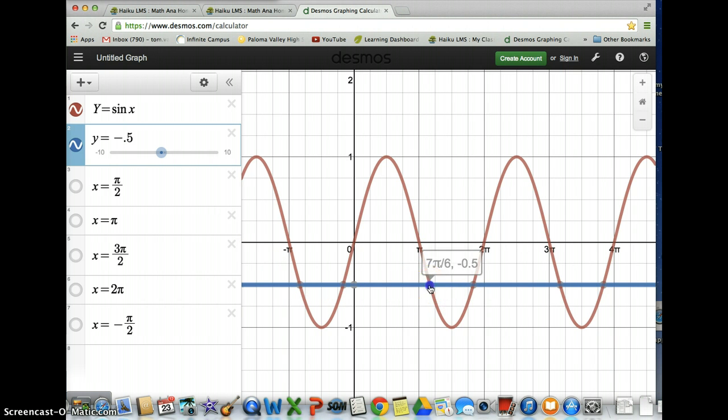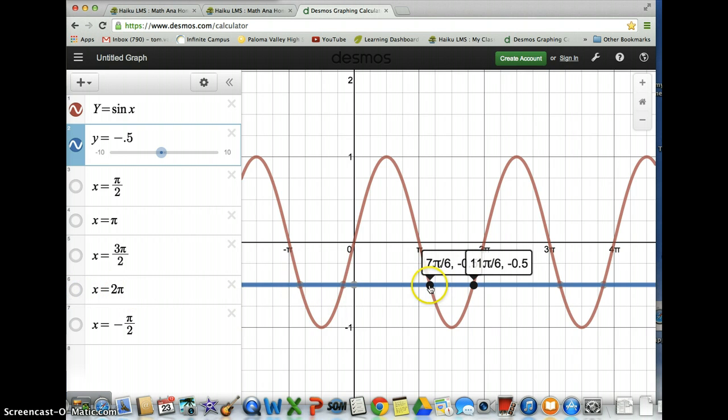If I was in degrees, this would be 210, and this would be 330. So if I'm restricted between 0 and 2 pi, then these two would be the answers. However, if it was wide open, it would be all of these answers.